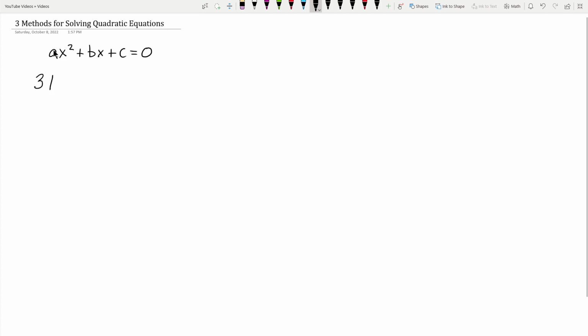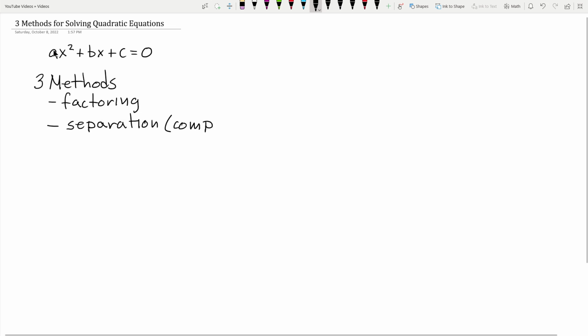So the three methods are factoring, what's called separation, that requires knowledge of completing the square, if you don't have the proper form.